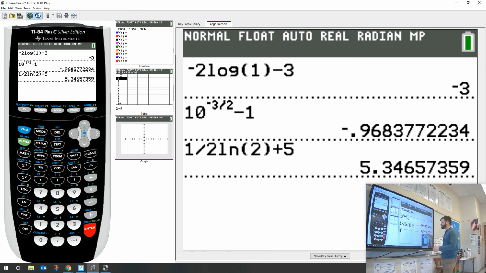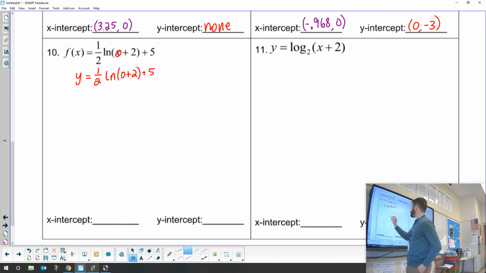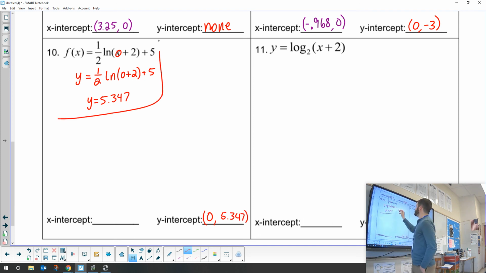Now, we're going to round this up to 5.347. So that's what my y equals, 5.347. So that's my y-intercept, 0 and 5.347.